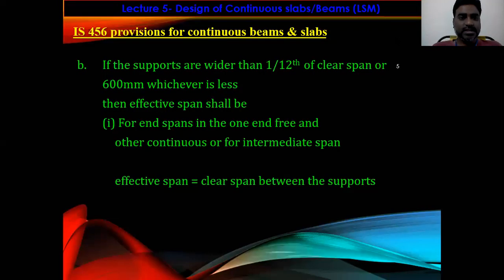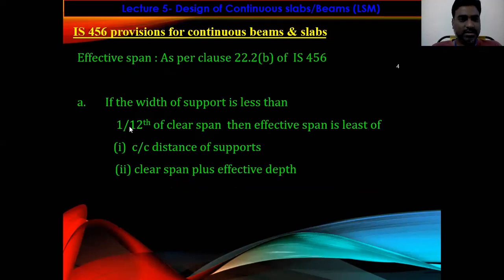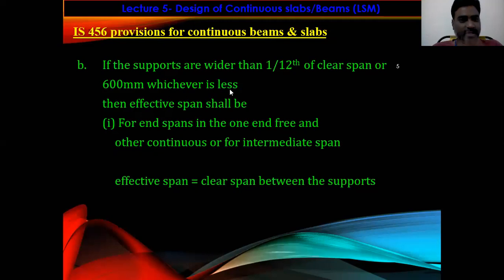In this case there is a small correction here. If the support is wider than 1/12 of the clear span or 600 mm, whichever is lesser, and in this case, for end spans, as per the codal provision, one end is fixed. This is not free.